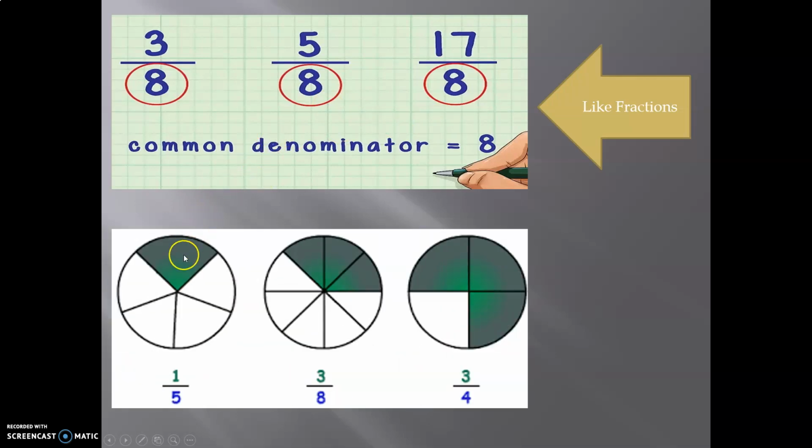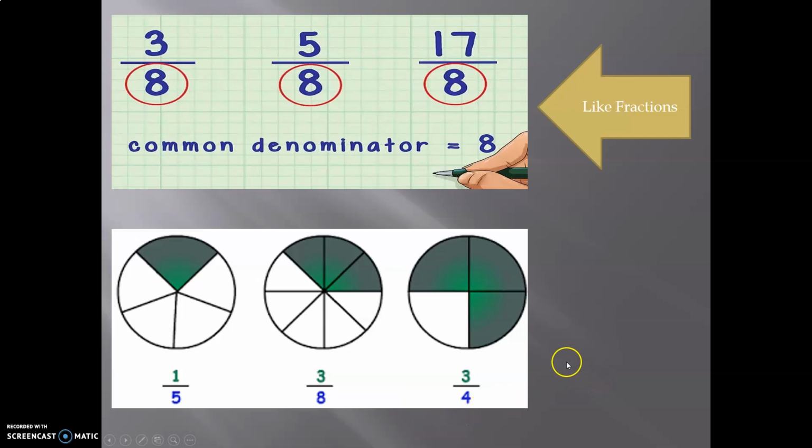Okay, look at the other group of fractions. Here I have 1 out of 5. And here I have 3 out of 8. And the last shape is 3 out of 4 parts. So take a look at the denominators. These denominators are totally different from each other.